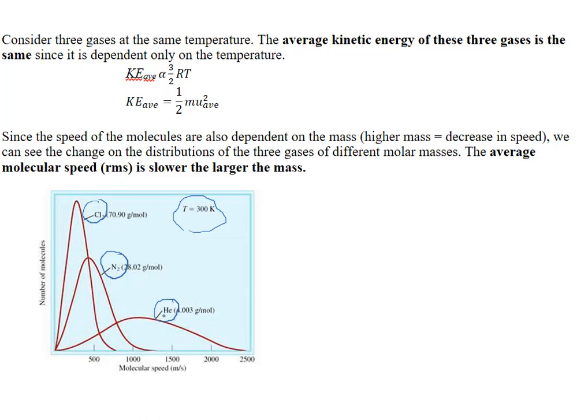You can see that on average, the helium atoms at this temperature are going to be moving faster than the chlorine molecules. That's simply because of their mass. The way I think about it is, imagine two people running around a track. They have the same amount of energy available. The person who's a little bit lighter is going to be able to run a little bit faster.